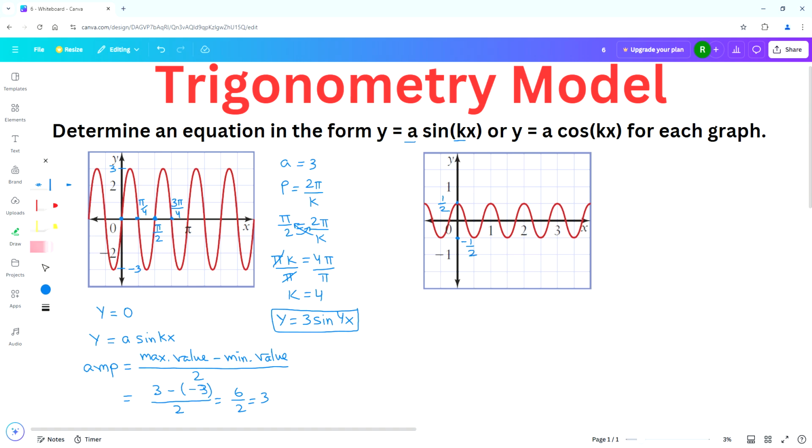Since there is no c value in the given general equations, that means the equation of axis for this function is y equals 0. We can also get this value from the formula for equation of axis, maximum value plus minimum value divided by 2. In this graph, the highest point on the curve is on the y-axis. That means we should use cos function for this graph.